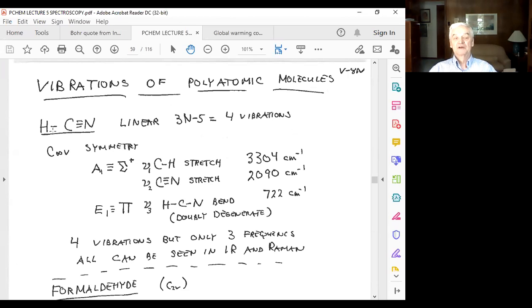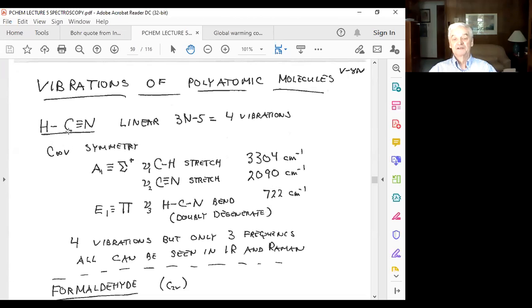So we can have a carbon-hydrogen stretch. It would be at 3304 wave numbers. The carbon-nitrogen triple bond stretch is at 2090. And then 2 vibrations occur exactly at the same value of 722. So you can bend this HCN angle either within the plane of the screen, or you can bend the molecule out of the screen.